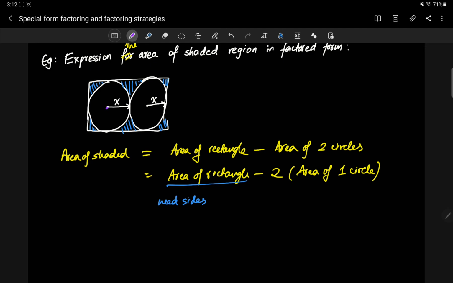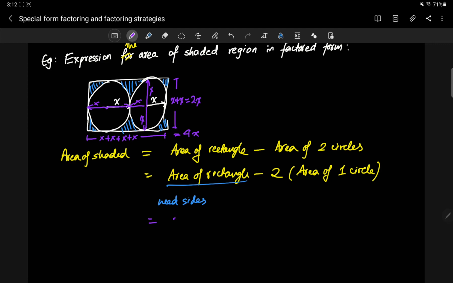If this length is x, then this length, the radius, is also x, and this length is also x, so this length is x plus x plus x, which is 4x. Similarly, this is the radius, so it's x, and this is the radius, so it's x. So this length now is x plus x, which is 2x.